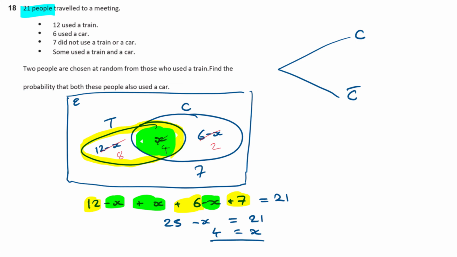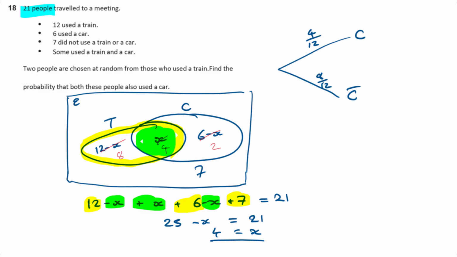So what's the probability on the first selection that my person used a car? Well, there are 4 people who also used a car out of a total of 12. So the probability that the person I picked at random used a car is 4 out of 12. So the probability that they didn't use a car then is going to be 8 out of 12. Those who didn't use the car, only train.